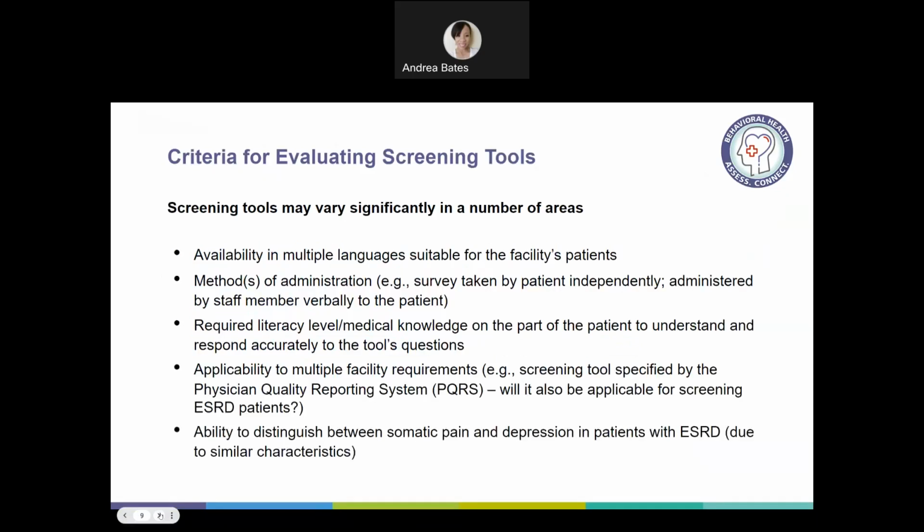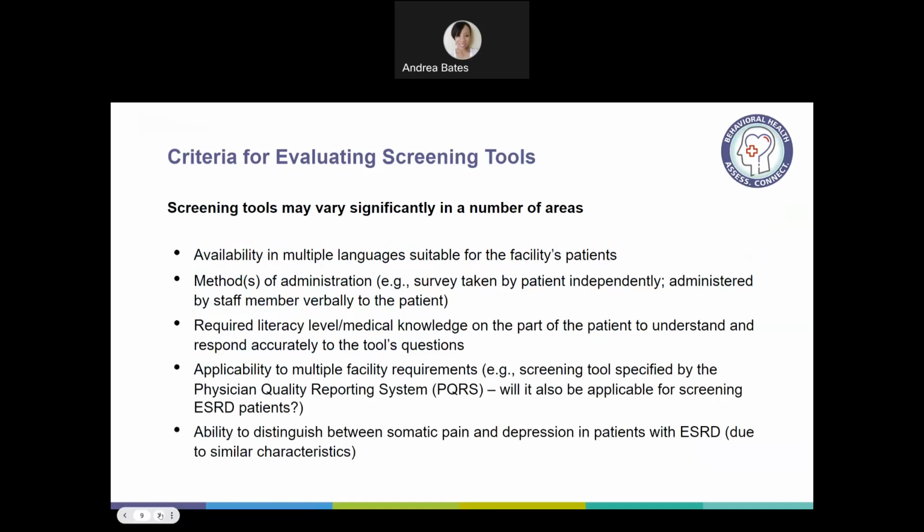So when you're trying to decipher which screening tool to use or how it can be the most effective, here are a few points to consider. Making sure that the screening is available in multiple languages. On the slide before, I gave some examples of tools and included the different links as well.